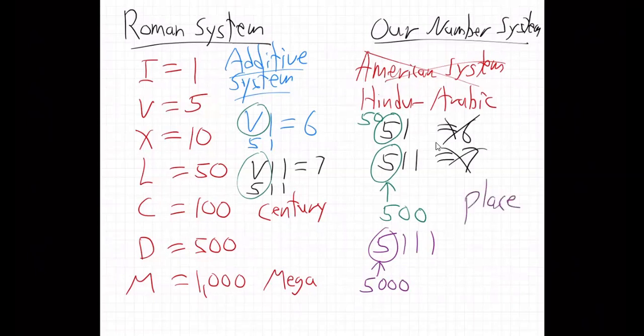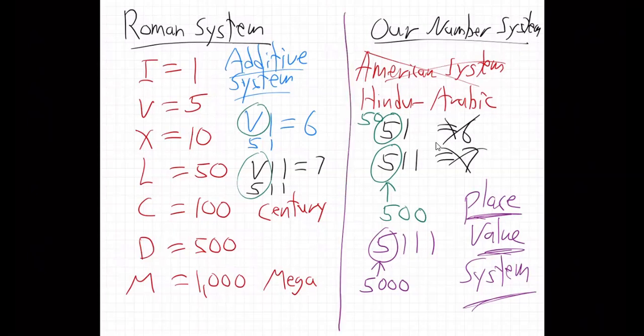That's because our system is a place value system. You know it so well that you're like, well, of course. Well, do you realize that's going to be very confusing for younger folks when you first show them that, when they have no experience with that?